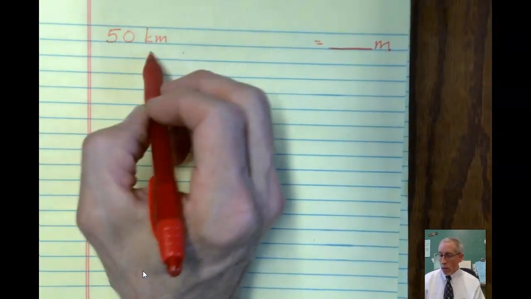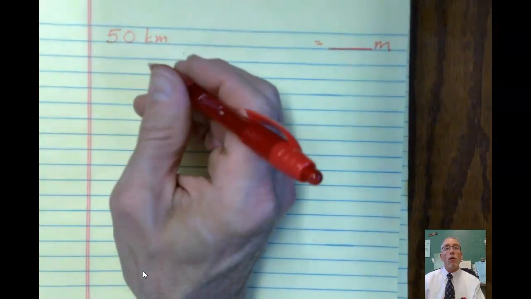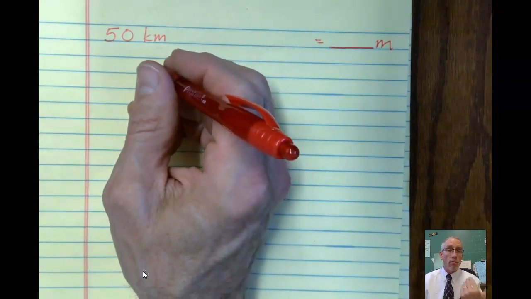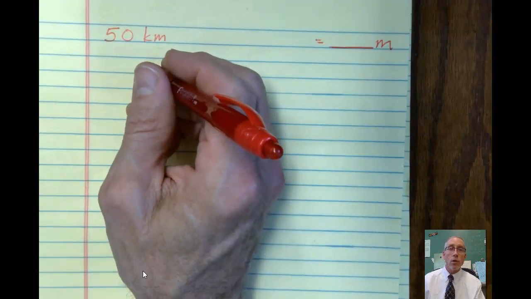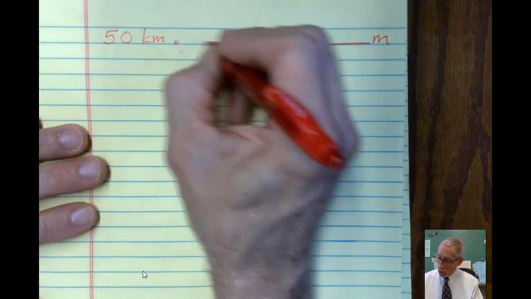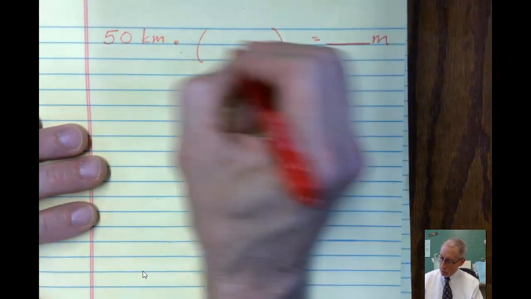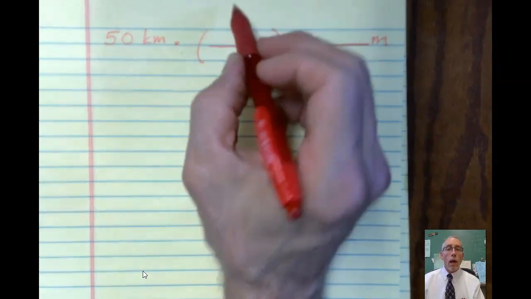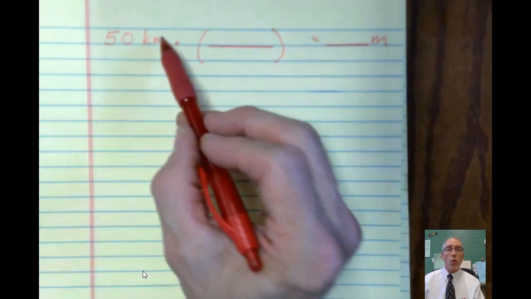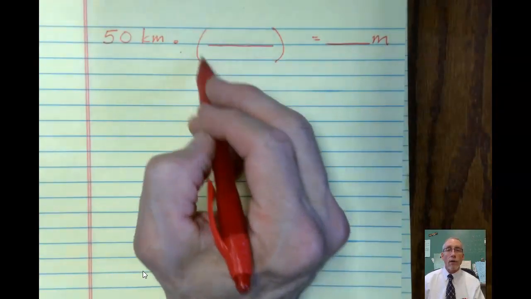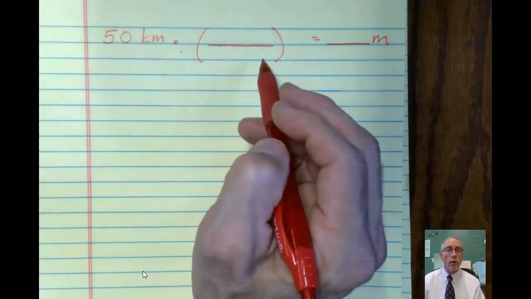So we set up a multiplication problem where we multiply this original number by a series of fractions that are equivalent to 1. Because multiplying by 1 won't change the value of something, but I'll show you how it can change the units. So in this situation, we're just going to need to multiply by a single fraction. And here's why. As long as you know how many of one of these is equivalent to how many of one of those, you can do the problem with one of these factors. We call this a conversion factor.